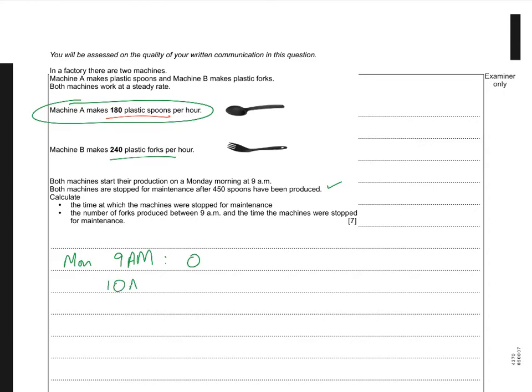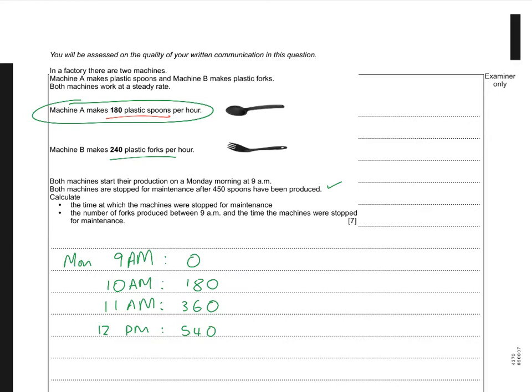At 10 AM, it is going to have made exactly 180 spoons. At 11 AM, it's going to have made twice as many, so that is 360 spoons. At 12 PM, it's going to have made another 180, so if I add those together, I get 540. Now, obviously, 450 is somewhere in between, so we've got to work out where.